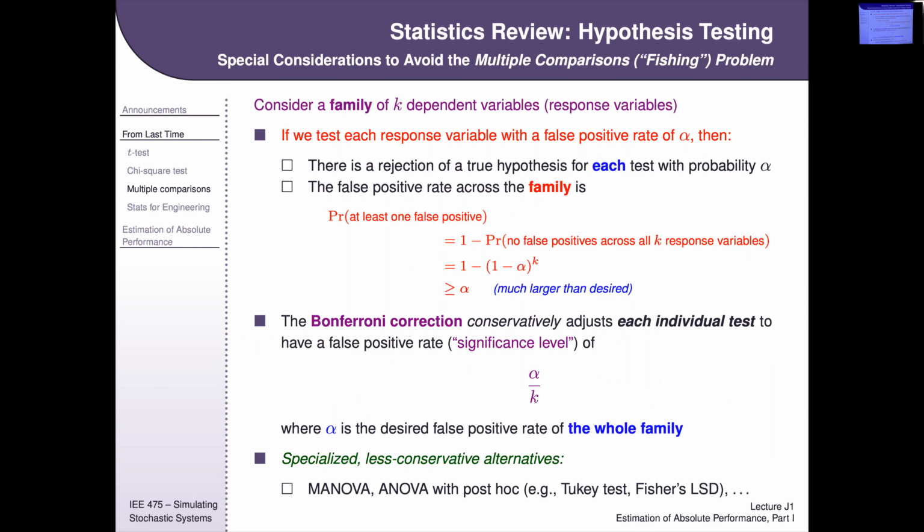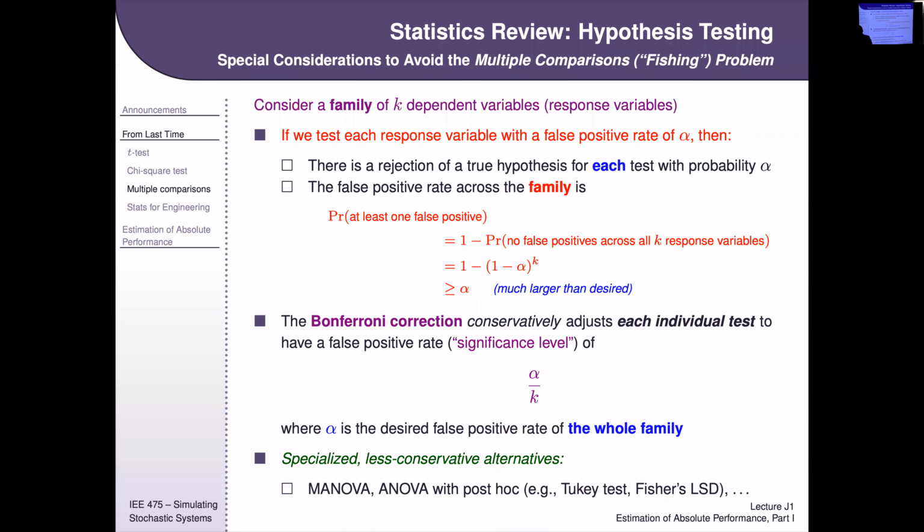What we do here is we recognize that the probability of getting at least one false positive is going to be 1 minus the probability of no false positives, which is 1 minus (1 minus the type 1 error for each individual test) to the k, where there are k response variables. And it's easy to prove that this is going to be greater than my desired false positive rate for the whole test.